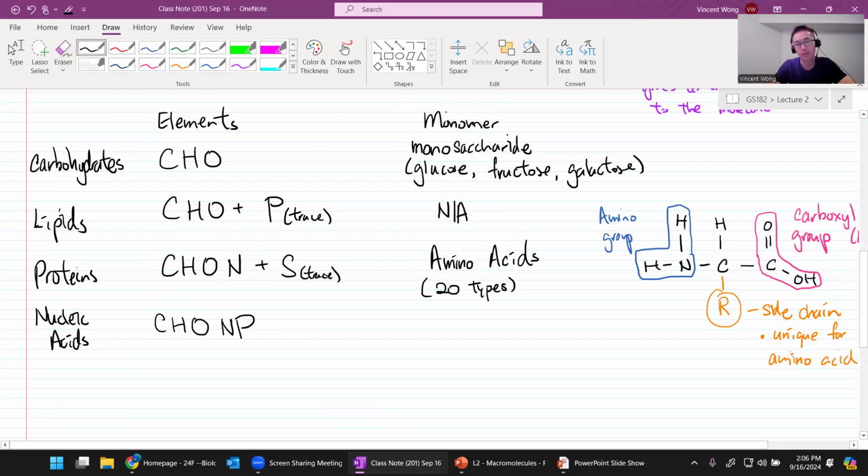The monomer, the building block for a nucleic acid, is something called a nucleotide. Nucleotides. There are only 4 types of nucleotides.